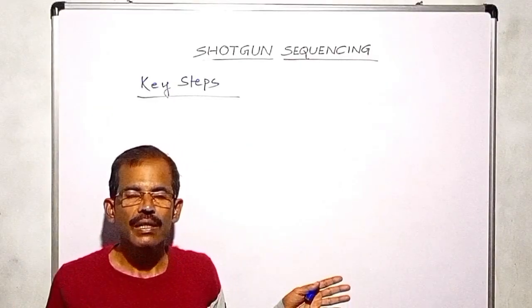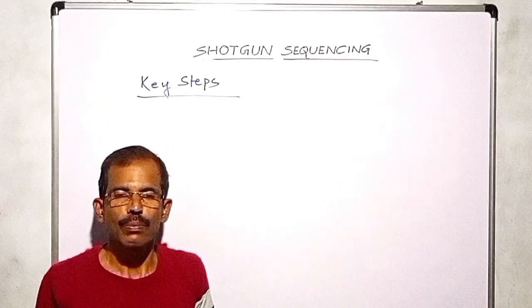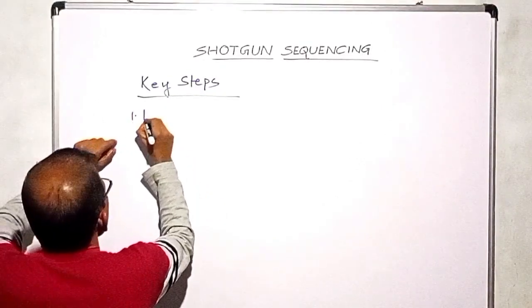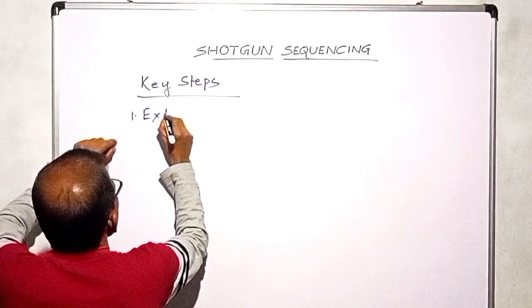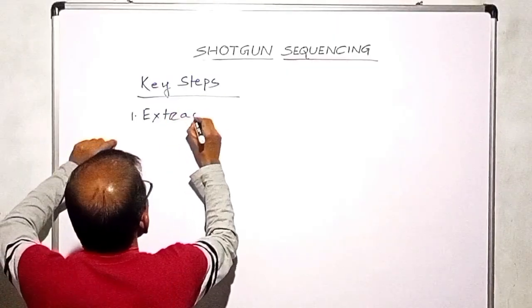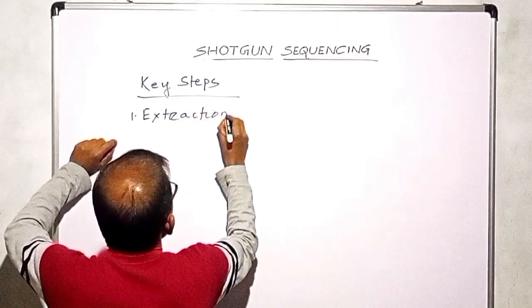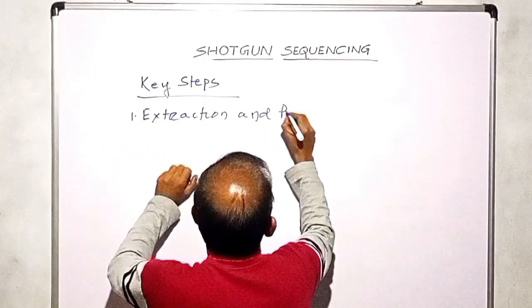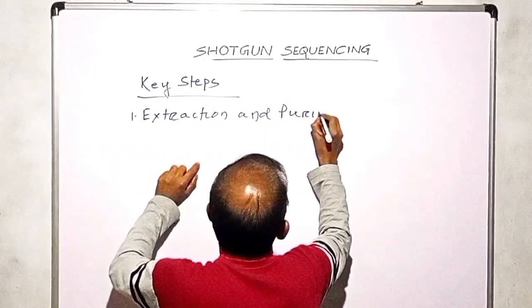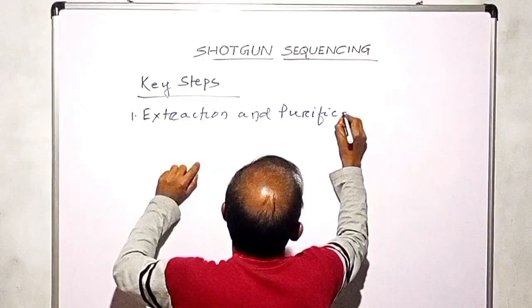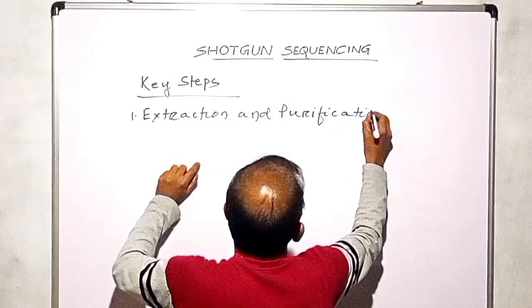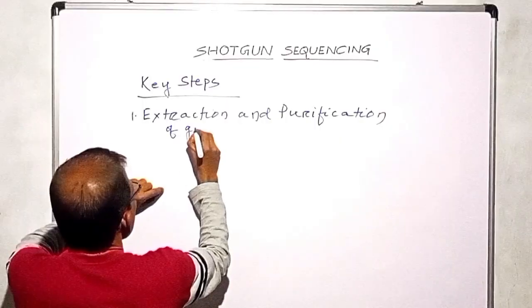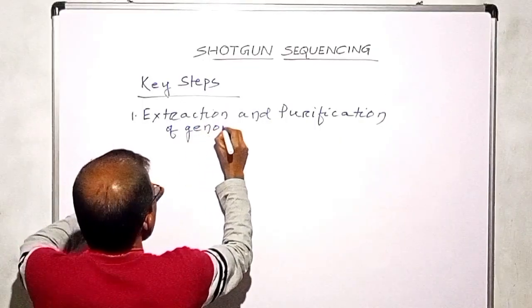Now let us discuss the different steps of shotgun sequencing. First step is the extraction and purification of genomic DNA.